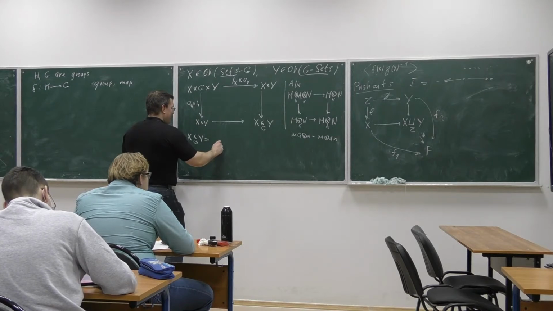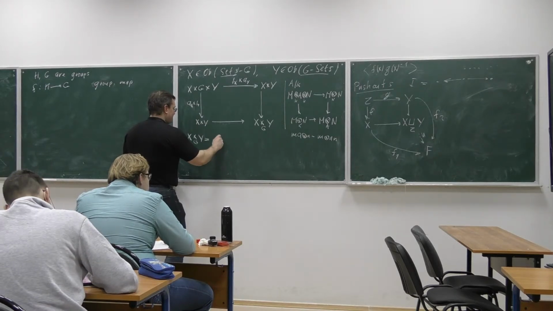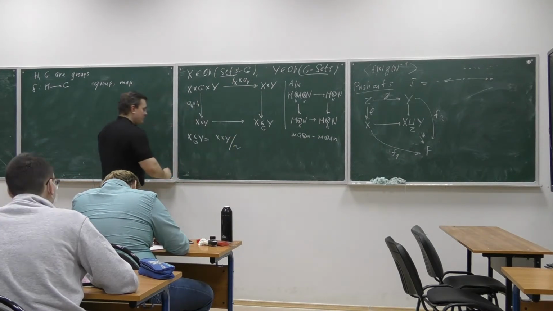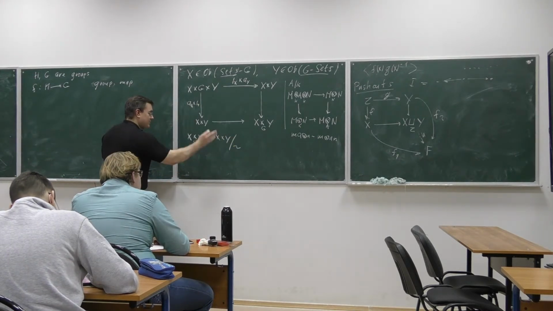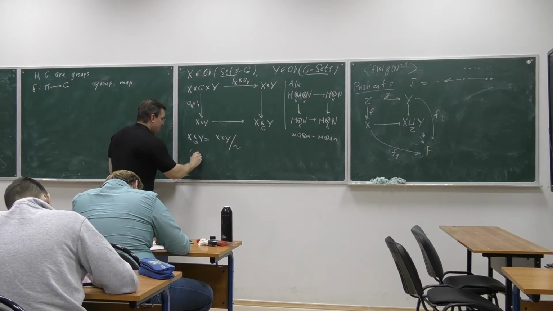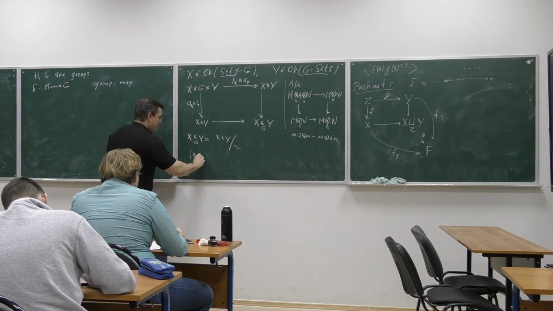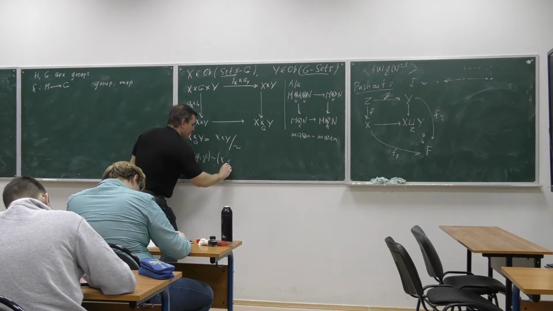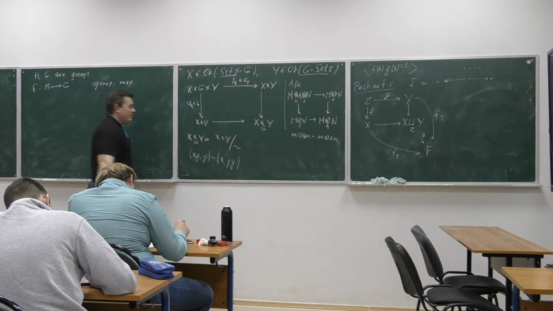So here I'll take X product with Y, and equivalence relation. And equivalence relation is more or less the same as for the tensor product. I have XG, Y is equivalent to X, and I move G to the second factor.